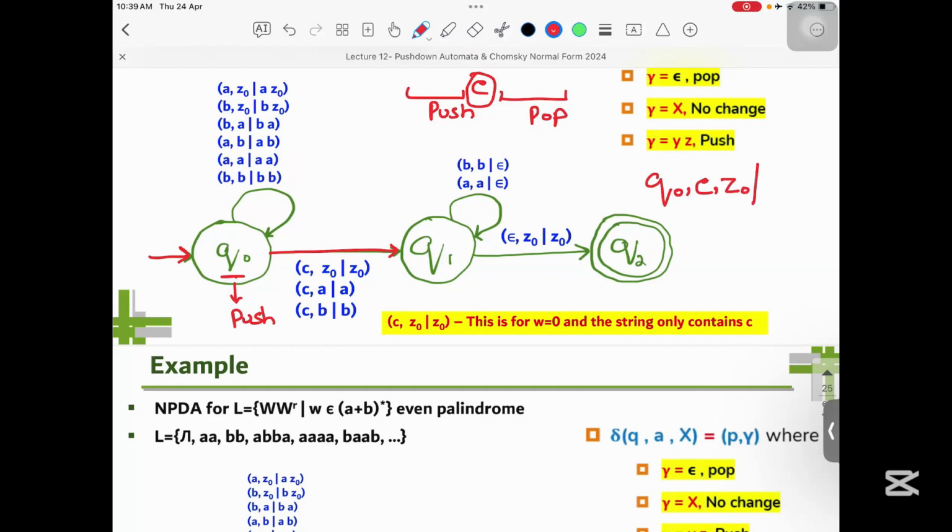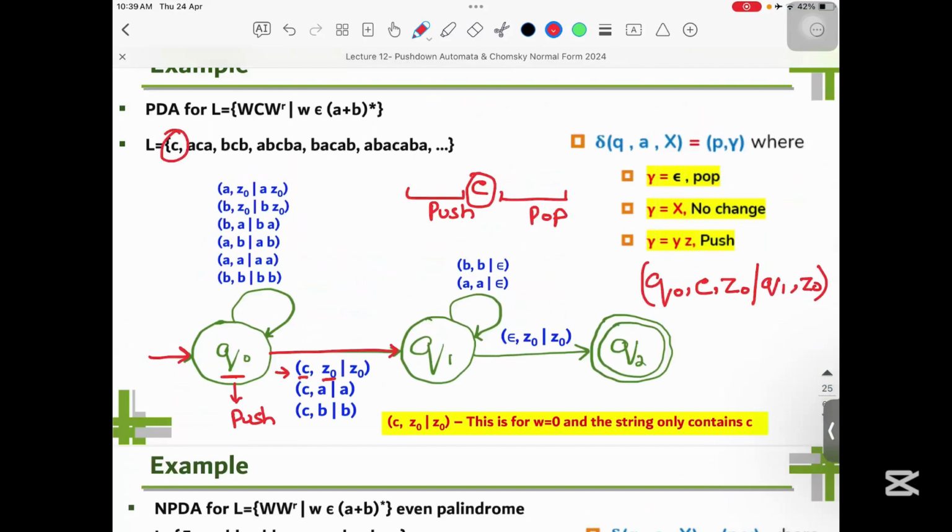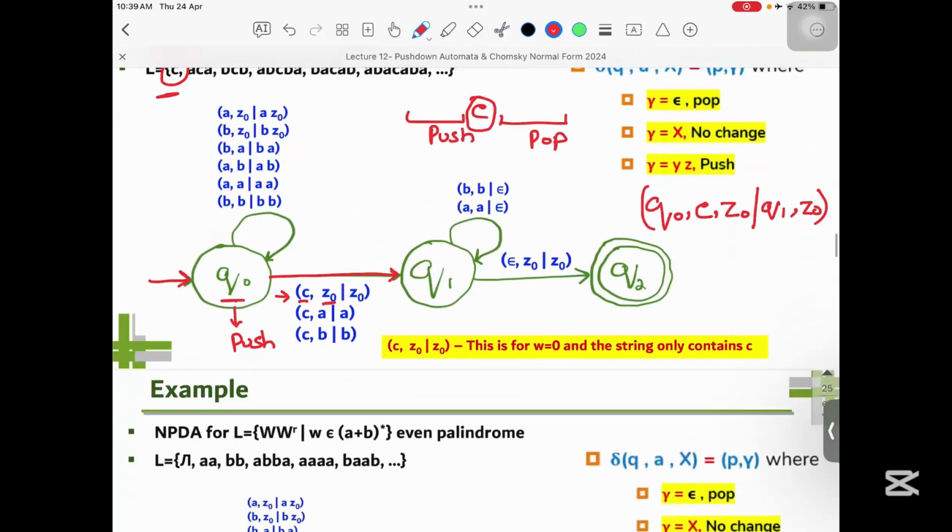What you need to do is move to Q1 and not do anything else. The input is C and the stack has only Z0, so don't do anything, go to Q1.